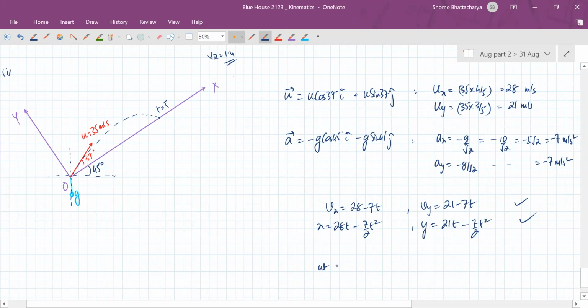So at t equal to capital T, y should be 0. So capital T will become 21 divided by 7 by 2. So capital T should become 6 seconds.